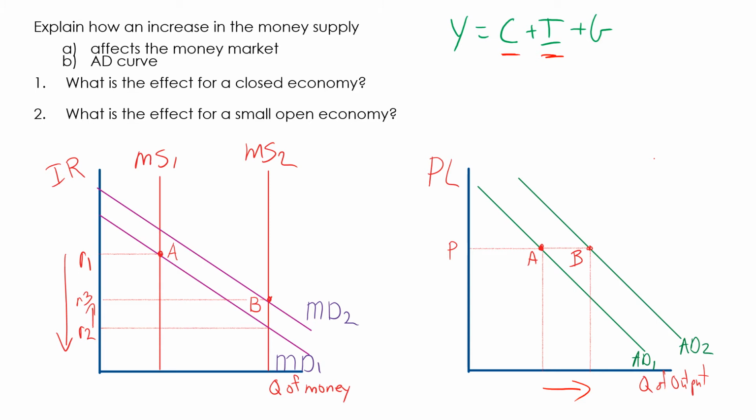Let's examine an open economy. Now, I suppose the only difference, and you know what this is because you've already studied, is that we factor in the exchange rate. We add in net exports. Because the idea behind it is if we lower the interest rates, that lowers the value of the dollar.